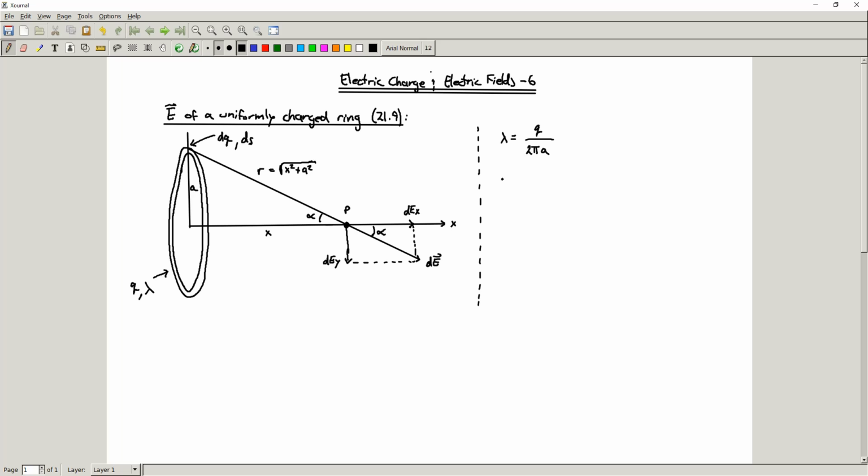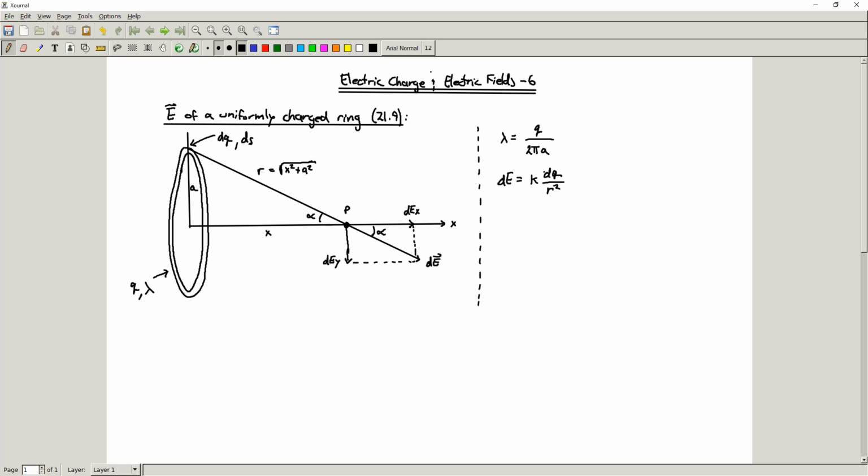Again, we know that we need to find dE, and this is going to be equal to k dq over r squared, right? This is a small contribution to the electric field that we want to find. Last time we went to all the trouble of calculating what the contribution would be in the y direction, and then finding out that it's 0.